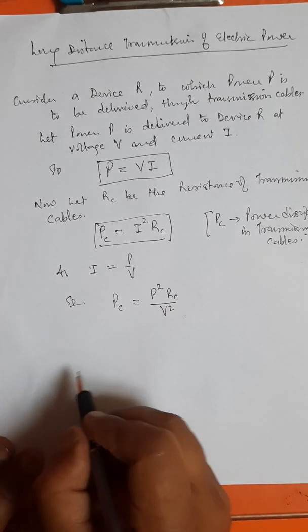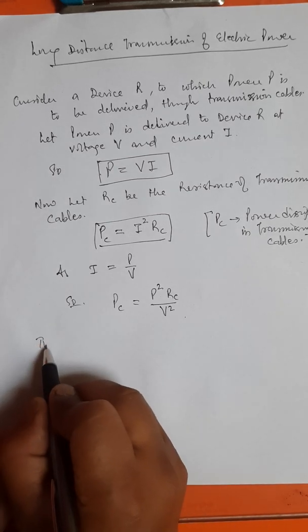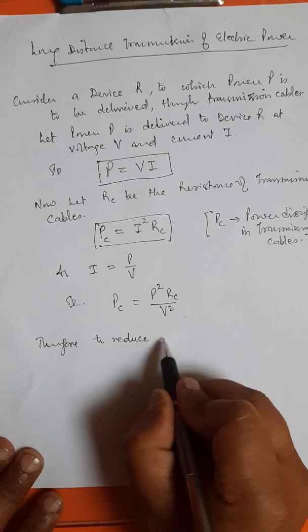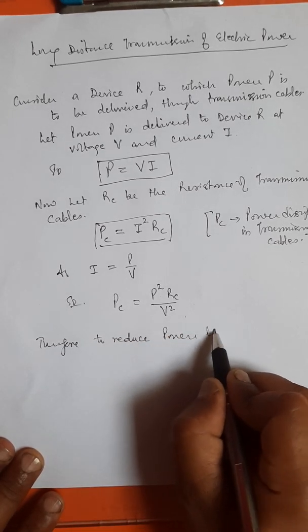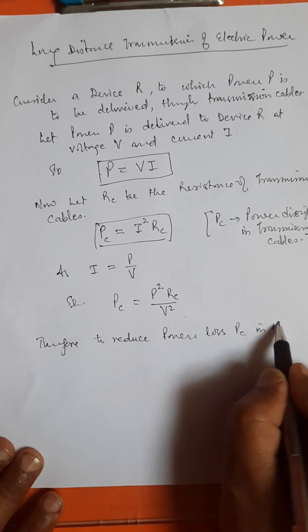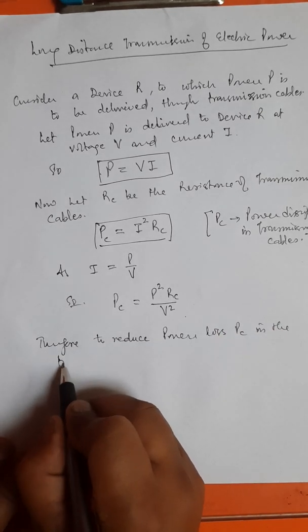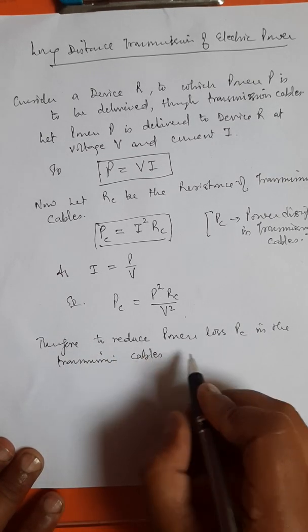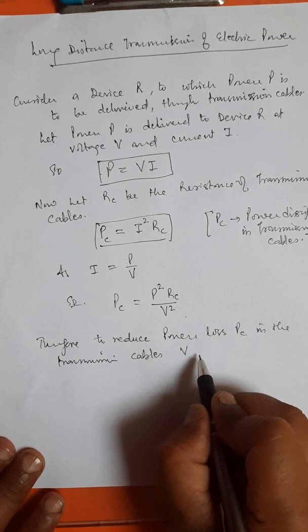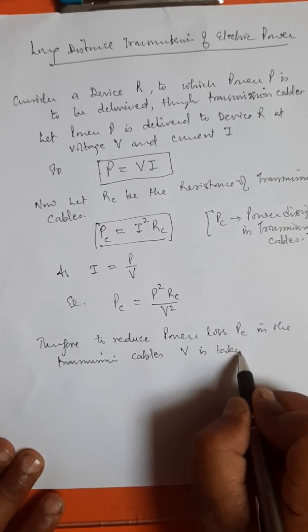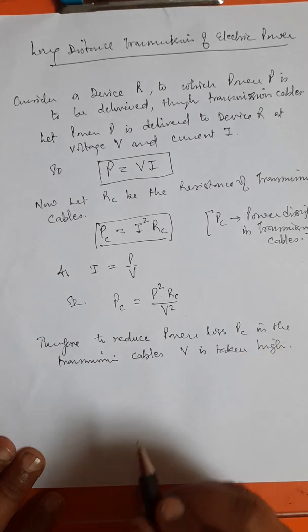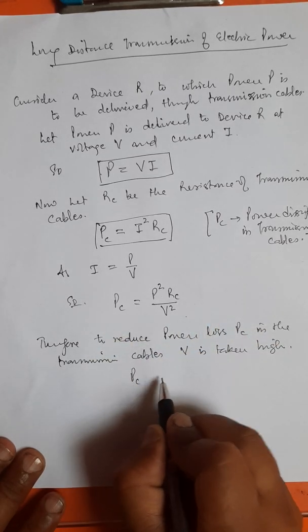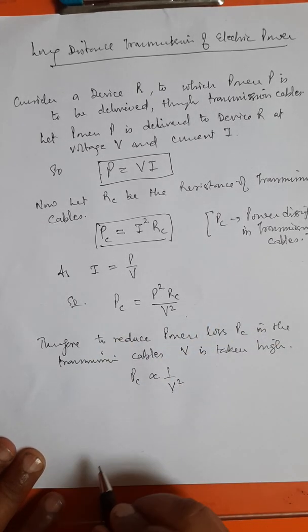So to reduce power loss in the transmission cables, V is taken high, as PC is inversely proportional to V square.